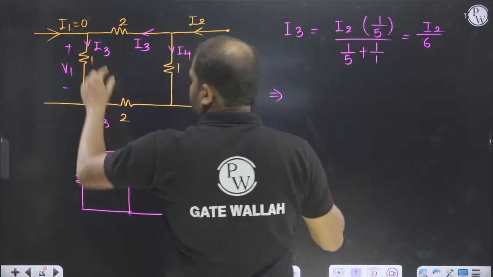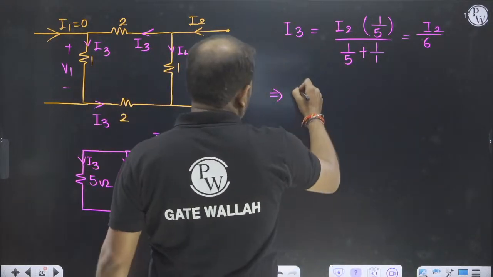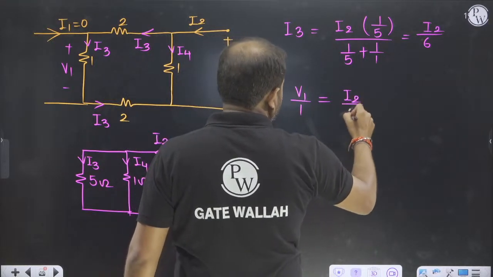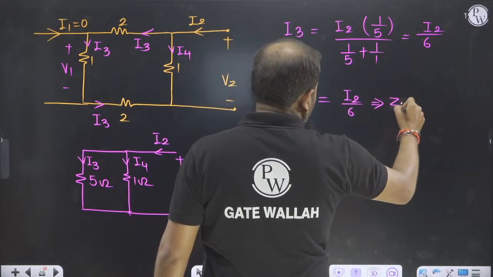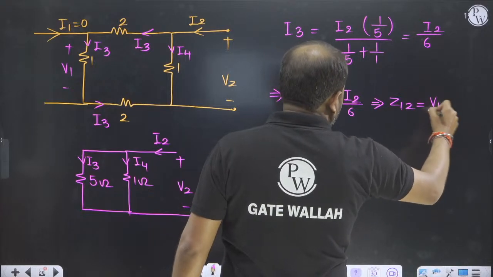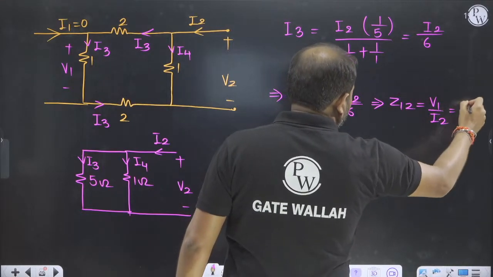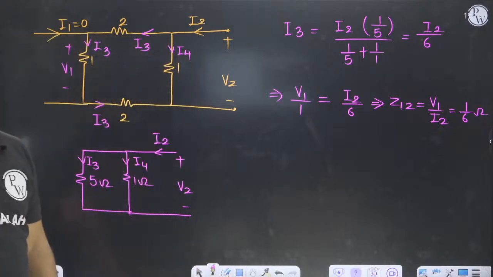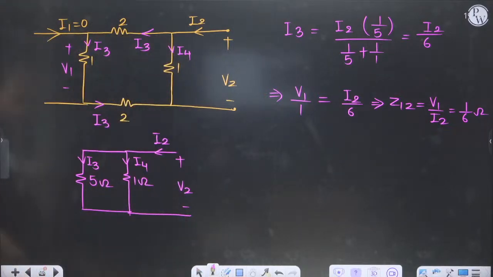I3 is equal to V1 by 1. So V1 by 1 is equal to I2 by 6. So Z12 is equal to V1 by I2, which is 1 by 6 ohm. So this is the method.